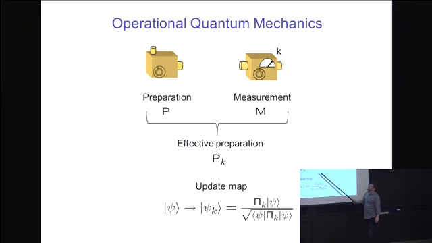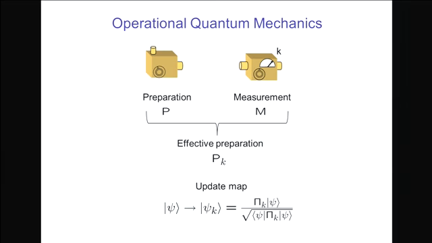And so you need an algorithm that maps you from the ray that represents the preparation, the set of projectors that represents the measurement, to the ray in Hilbert space that's going to represent the effective preparation when outcome k occurs here. And that algorithm is just the familiar collapse rule, the von Neumann projection postulate, that if psi is the ray and the pi k's are the projectors, then the ray you associate with the effective thing is just the projection of psi into the pi k subspace normalized.